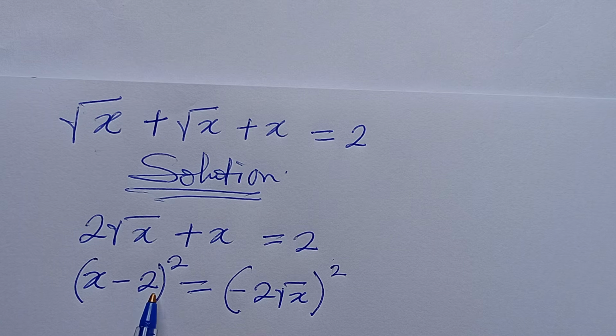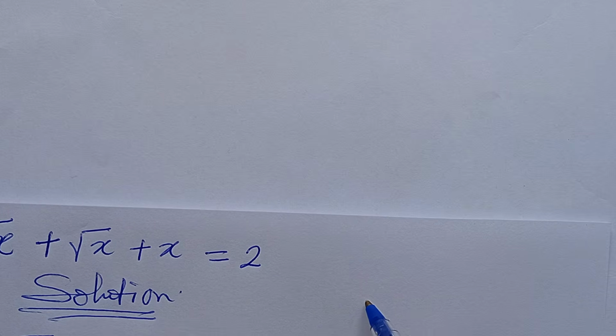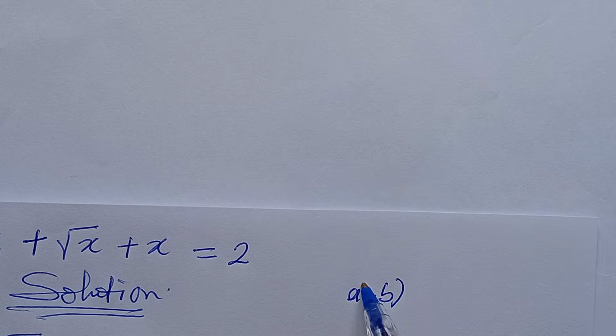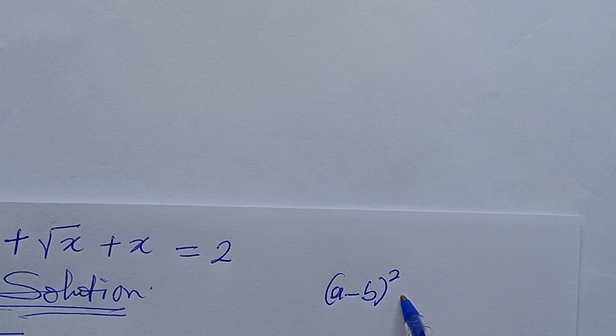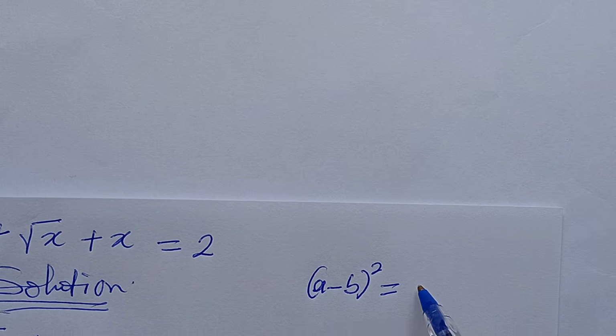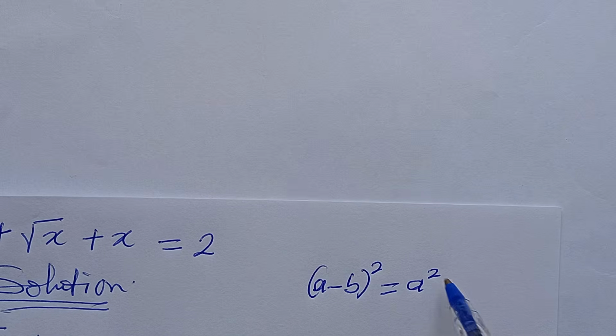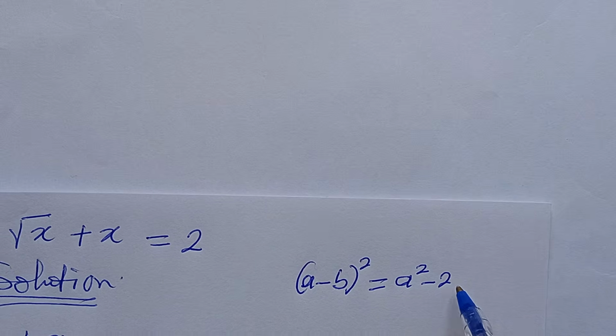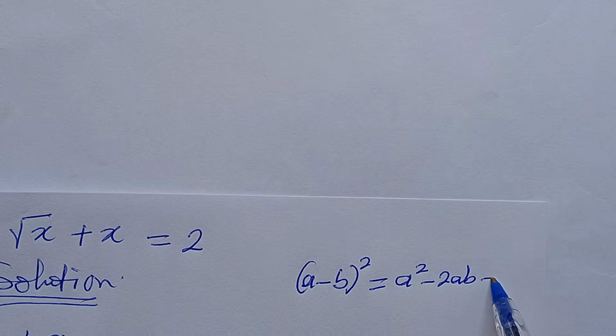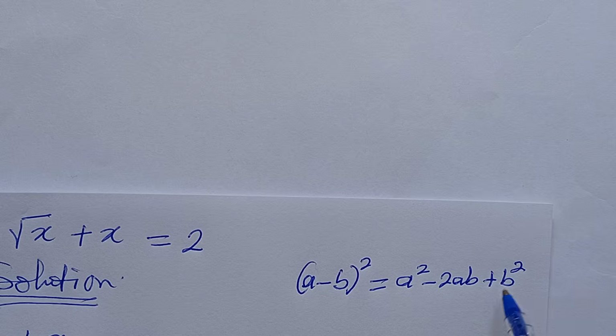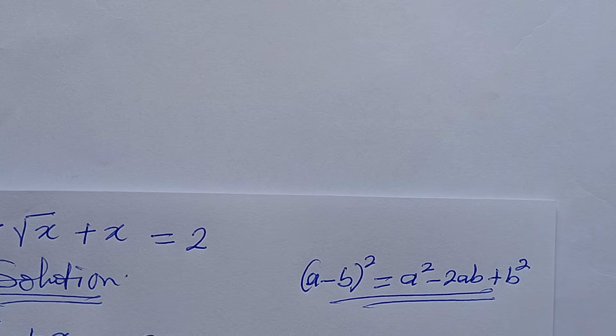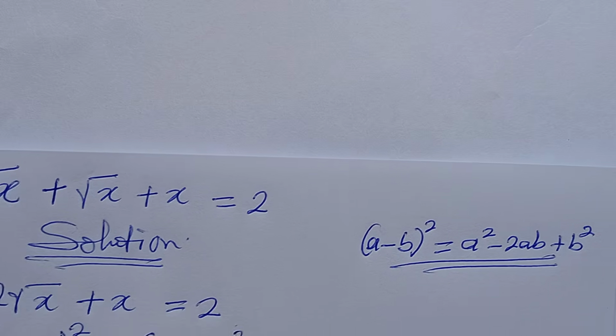Now remember your algebraic identity, which says that (a minus b) all to the power of 2 is equal to a to the power of 2 minus 2ab plus b to the power of 2. This is a very useful algebraic identity.